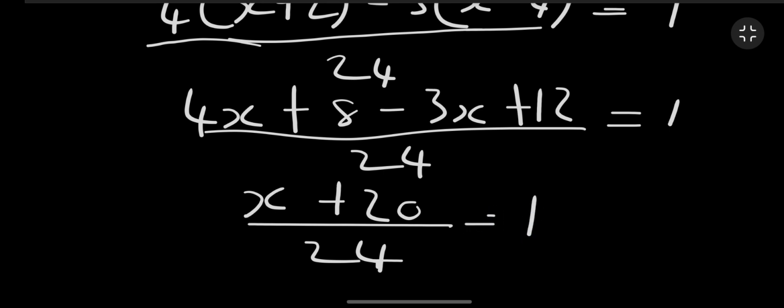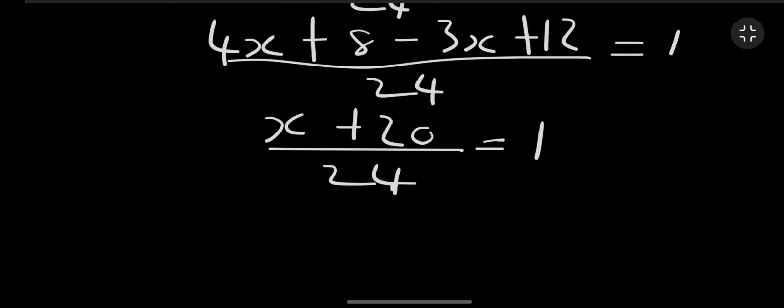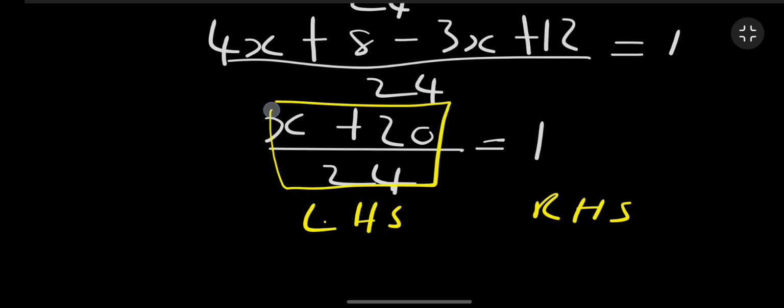is equal to 1. So just like on the previous example, this is the left hand side and this is the right hand side. Whenever we do have a fraction on the left hand side which is equal to a number or a fraction on the right hand side, this is the part where we cross multiply.